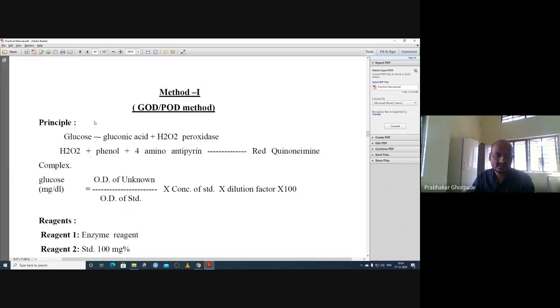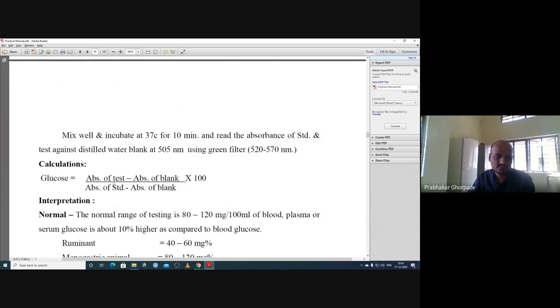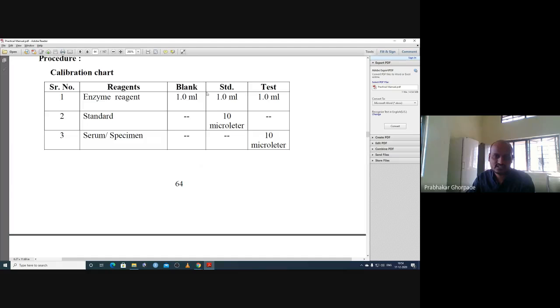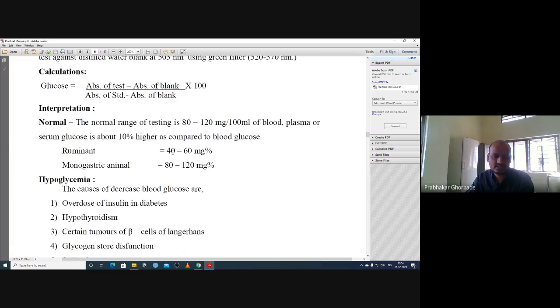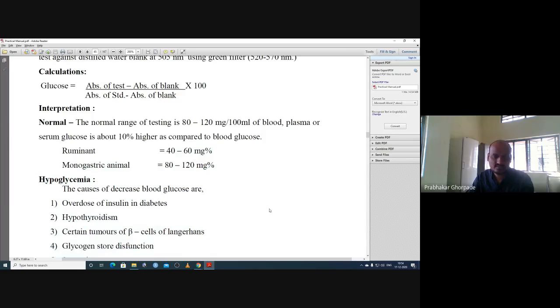We start with the principle. The concentration equals absorbance of test minus blank, divided by absorbance of standard minus blank, multiplied by 100. We prepare the standard, blank, and test tubes. The reference glucose concentration is 40 to 60 milligram per deciliter.